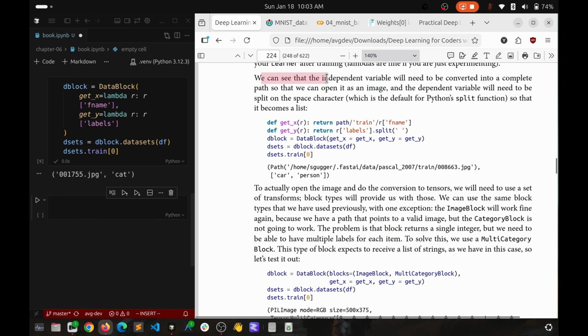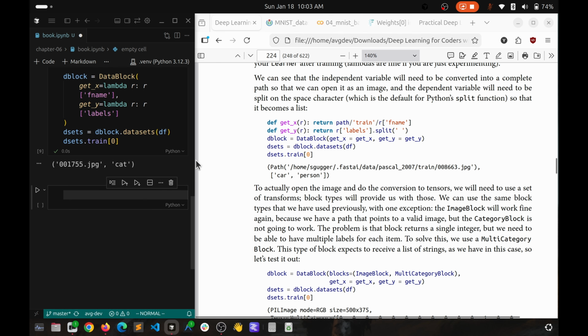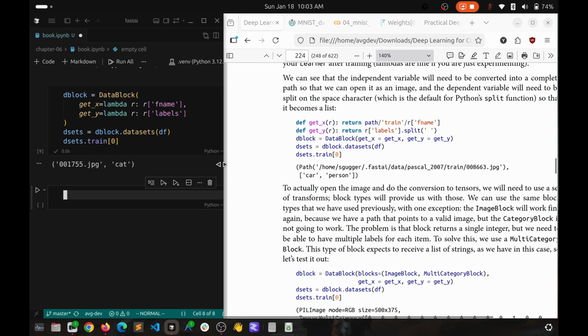Okay, so we can see that the independent variable will need to be converted into a complete path so that we can open it as an image, and the dependent variable will need to be split on the space character, which is the default for Python's split function. So that becomes a list. Okay, looks like we had to do it the traditional way anyway.